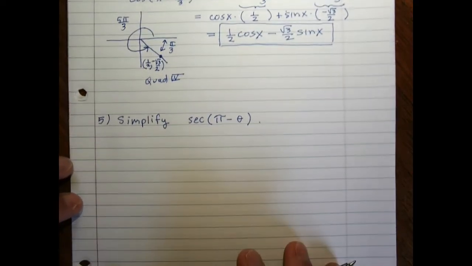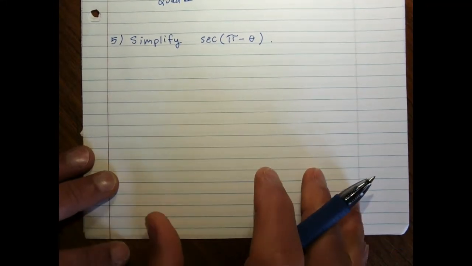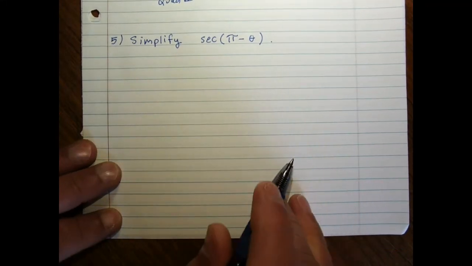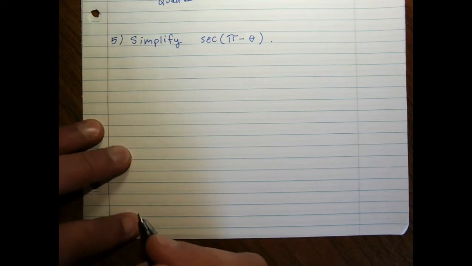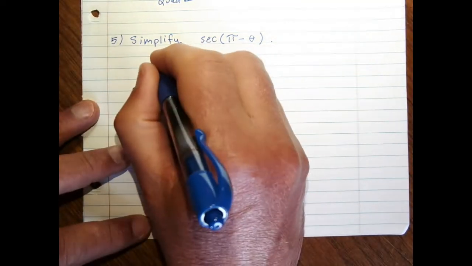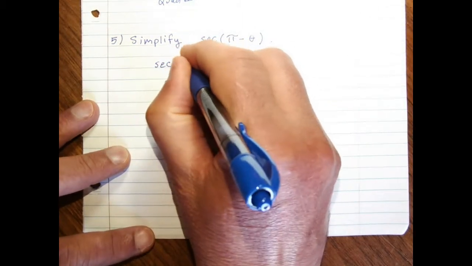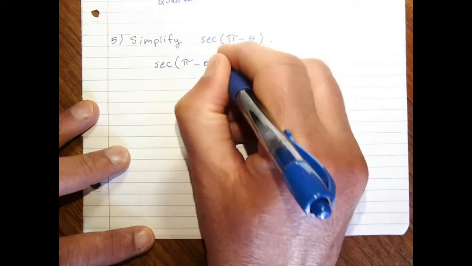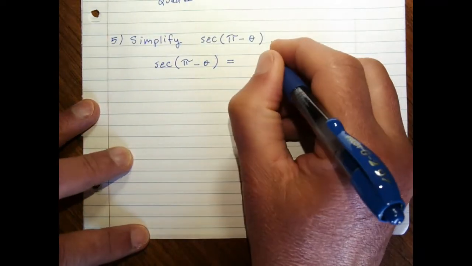Let's move on to number 5. We want to simplify secant of pi minus theta. It's kind of weird to see secant here because we don't have an identity involving secant, but I think we've had experience before where we can rewrite a secant as 1 over a cosine, right?